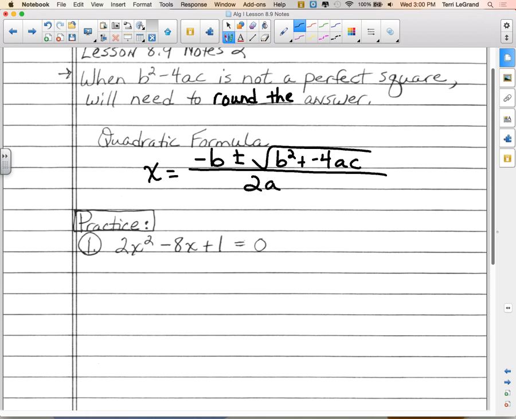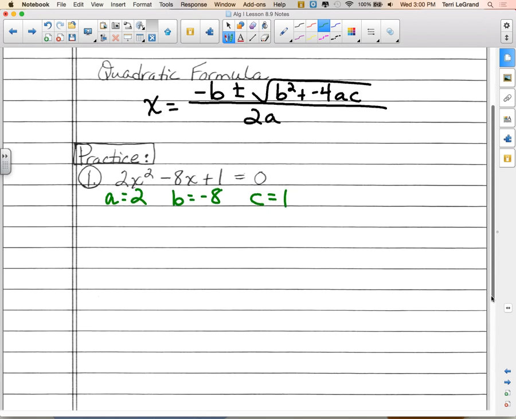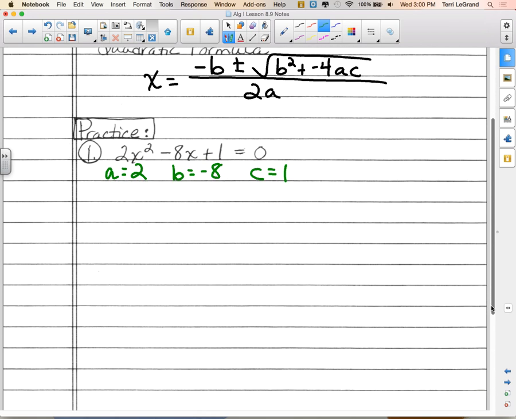Okay, now we're on to the first one on this page. Are we ready to do a, b, and c? Yes. Okay, go ahead and do it. Now we'll do our substitution step. You should be able to substitute in parentheses the a's, b's, and c's where they need to go.